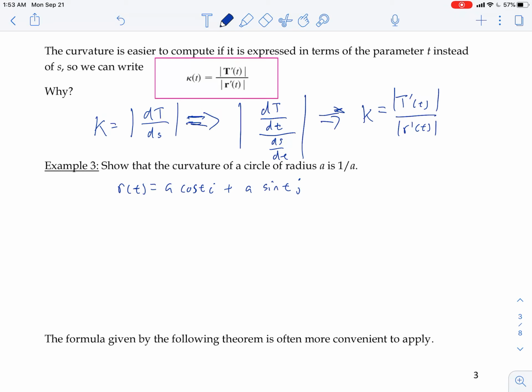Instead of writing x minus 0, y minus 0, we put these in terms of time, so a cosine t i plus a sine t j. And now we want to go ahead and take the derivative. So r prime of t is going to give us negative a sine t i plus a cosine t j.